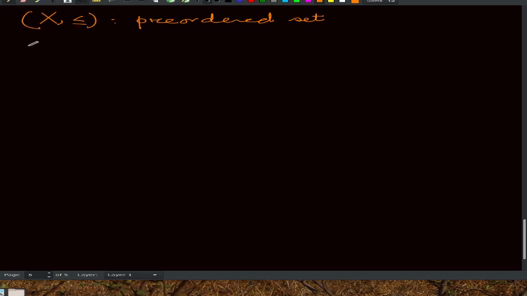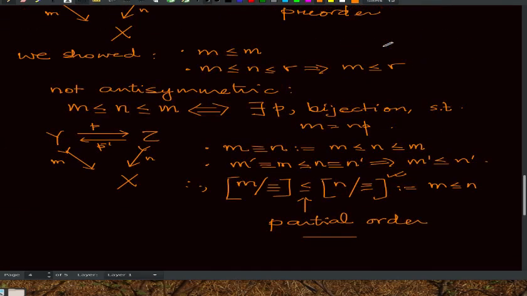So we define X is equivalent to Y if and only if X is less than or equal to Y and Y is less than or equal to X. So now, we have just taken this.